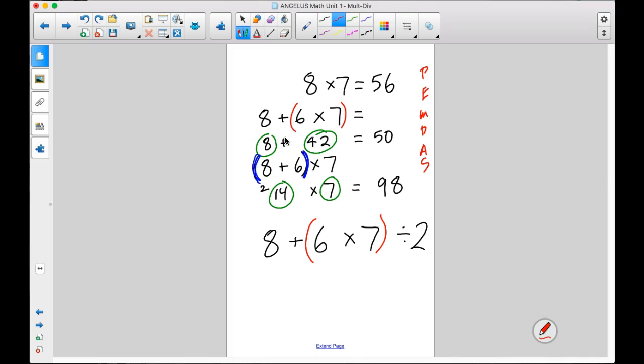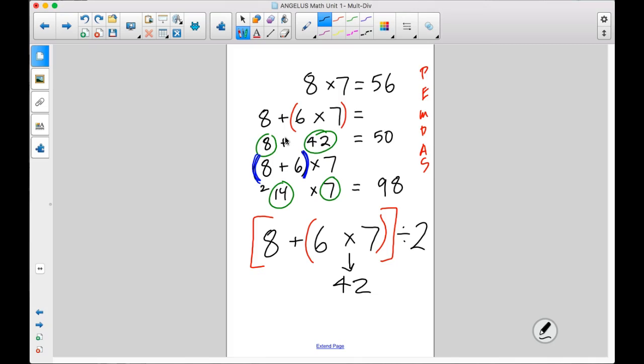But now, in addition to a paren, I'm going to give you what's called a bracket. Someone tell me now, working from the inside out, what we start with first. Read it. Okay, so I'm going to work my way out, starting with 6 times 7, which is 42.